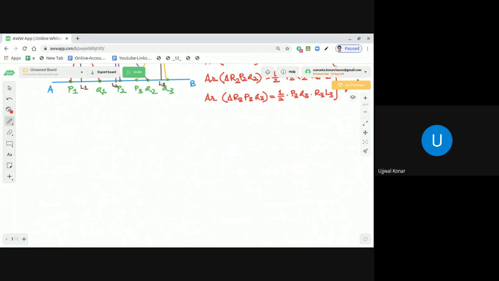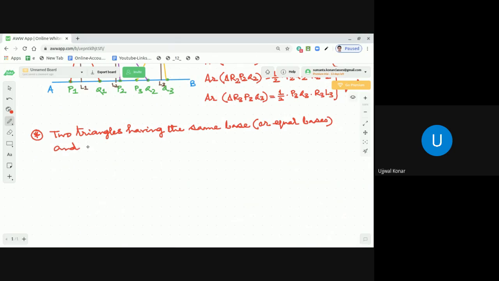If there are two triangles having the same base or equal bases and equal areas, they lie between the same parallels.